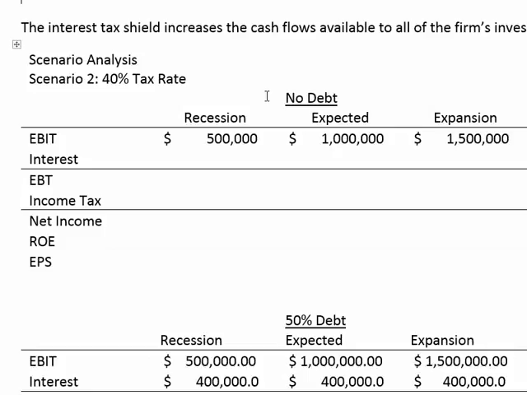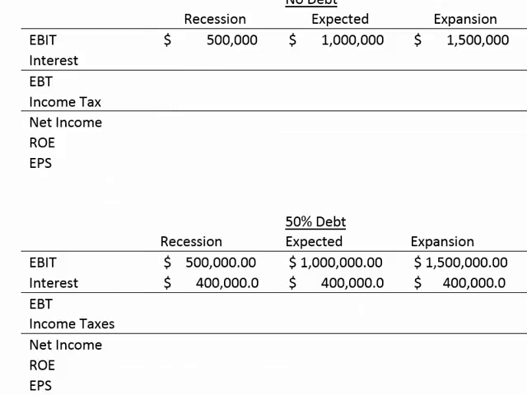So our second scenario here uses the same basic idea as the first one, but now we have a 40% tax rate. In the first case, we have no debt, and so our interest expense is just zero across the board. Our earnings before tax are just the same as our EBIT, our earnings before interest and tax, because we don't have any interest expense.